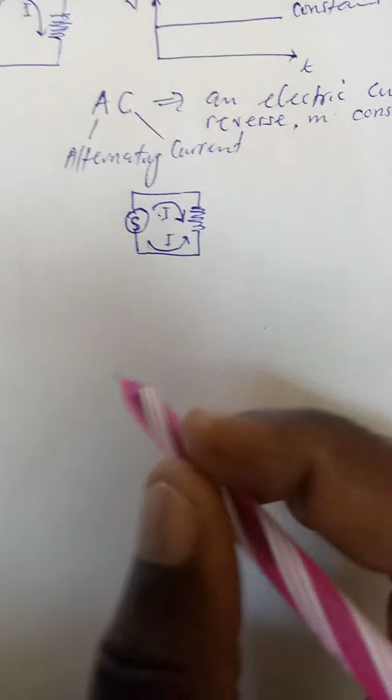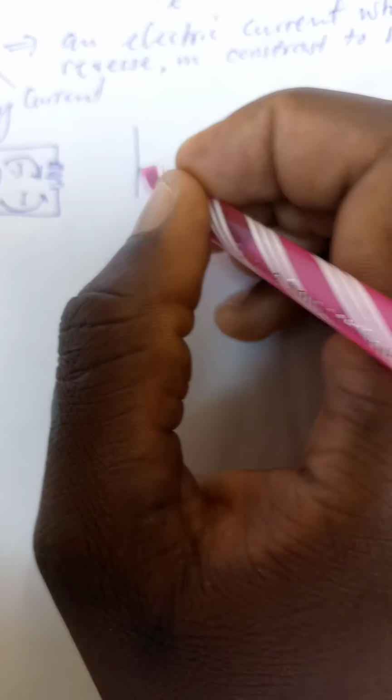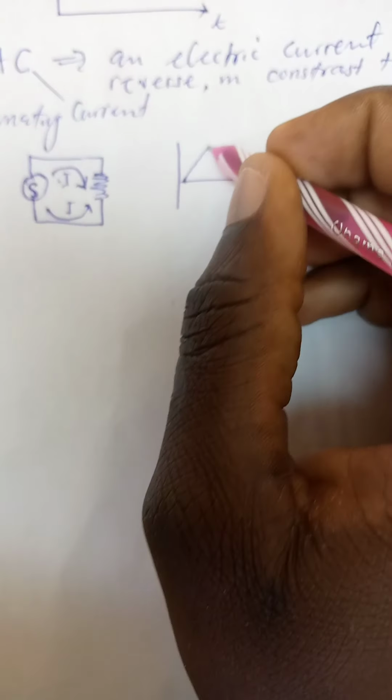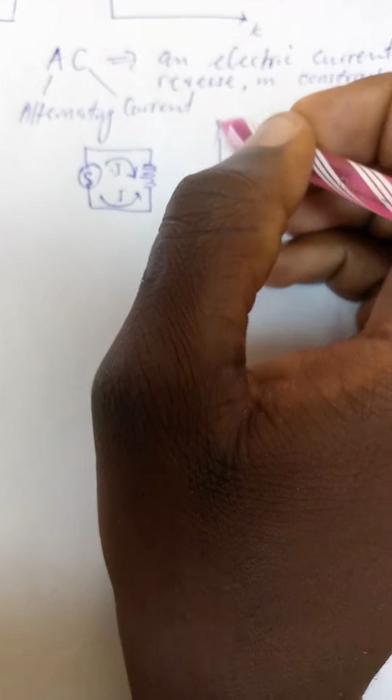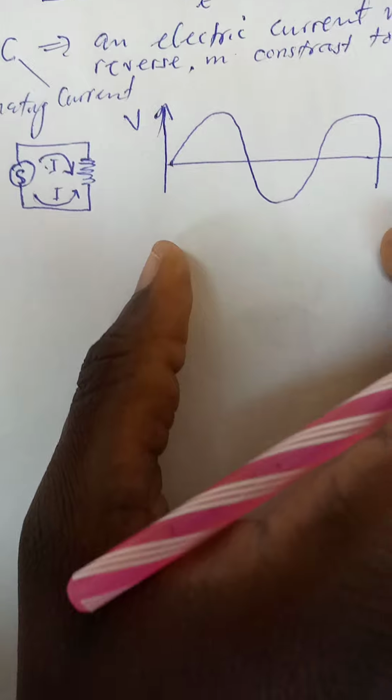Graphically, this is a sinusoidal function which looks like this. This is time, this is voltage. If you plot it, it looks like this. I'm going to take a little bit of my time to explain this graph.